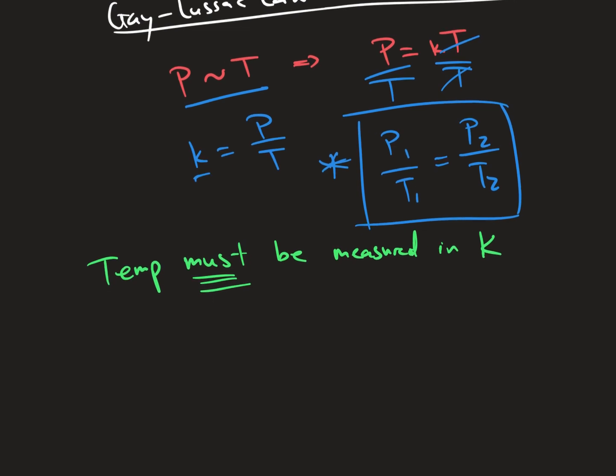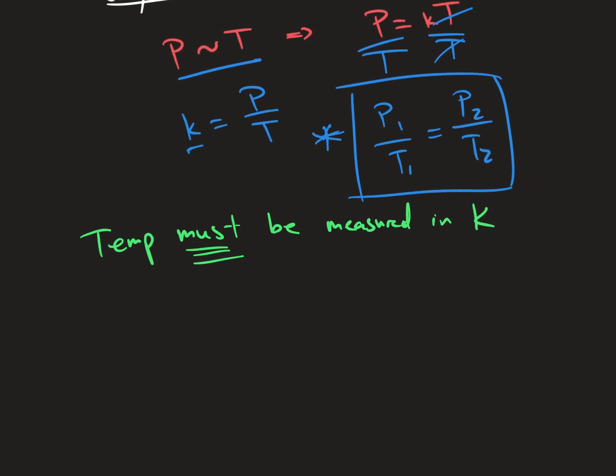All right, so let's do an example here. Say we have a basketball, and in the evening the temperature is 10 degrees Celsius and the pressure is 720 millimeters of mercury.